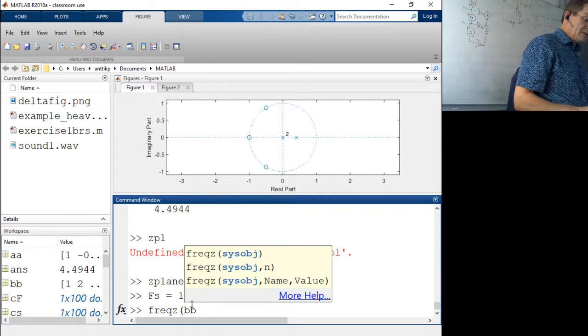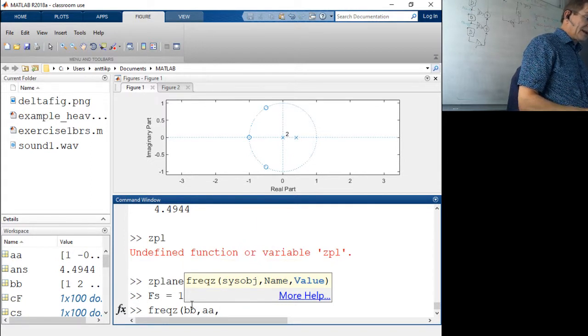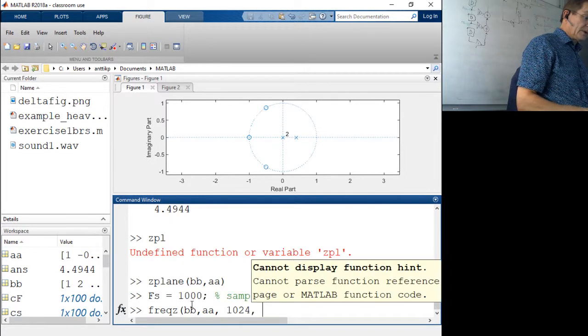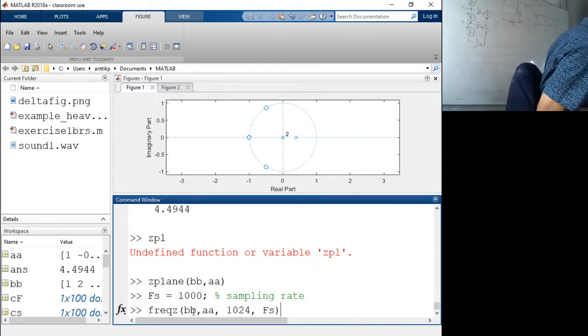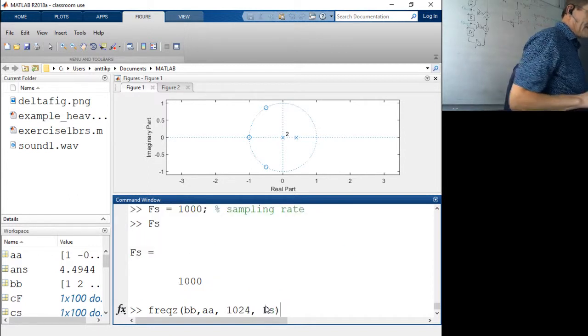So b, a are the system coefficients, then basically 1024 points. This is, by the way, an old format for frequency response. I'm an old guy, so I use this one. So freqz with these parameters: b, a are the system coefficients, this is the number of points where the frequency response is calculated, and Fs is the sampling rate.